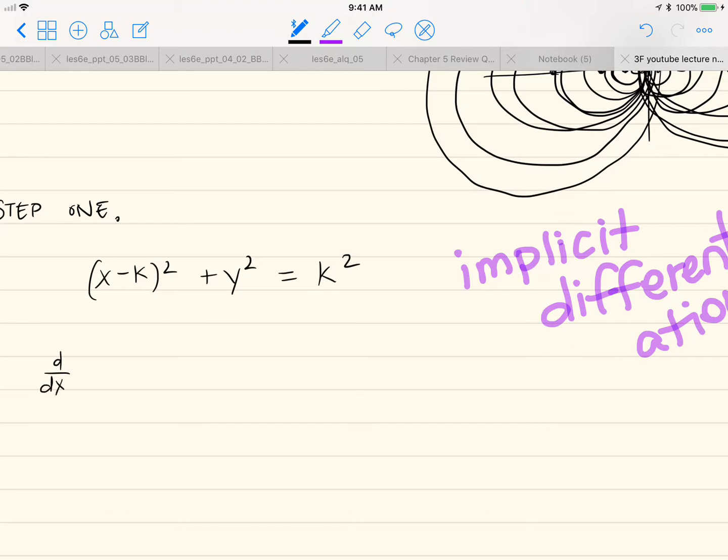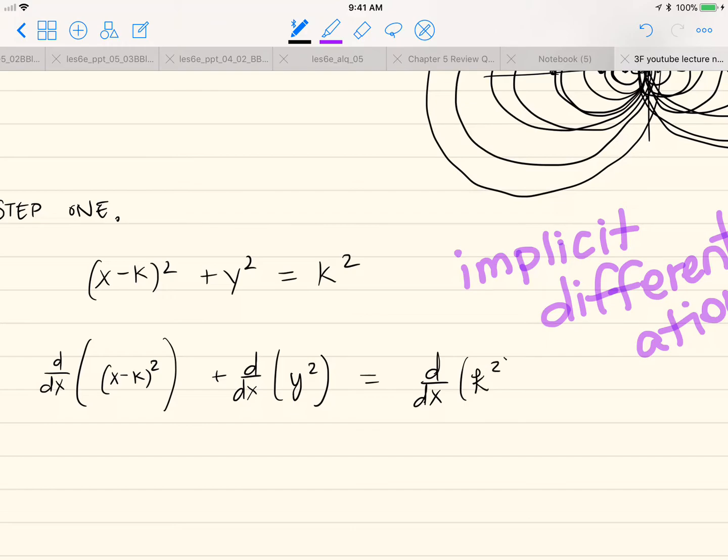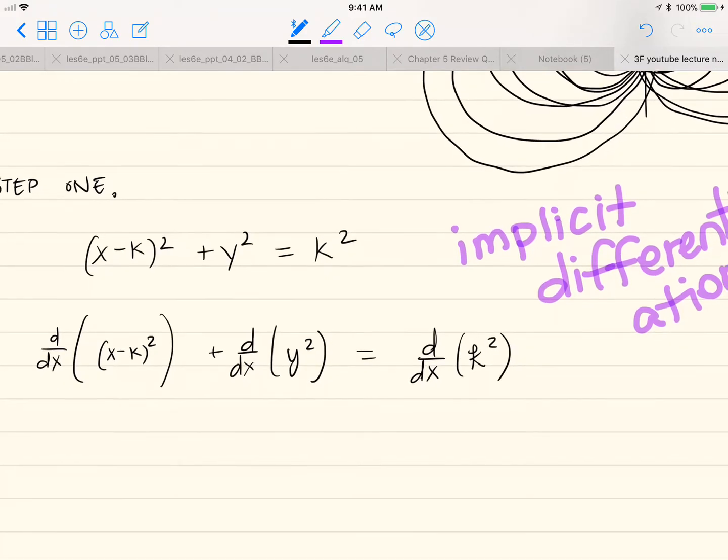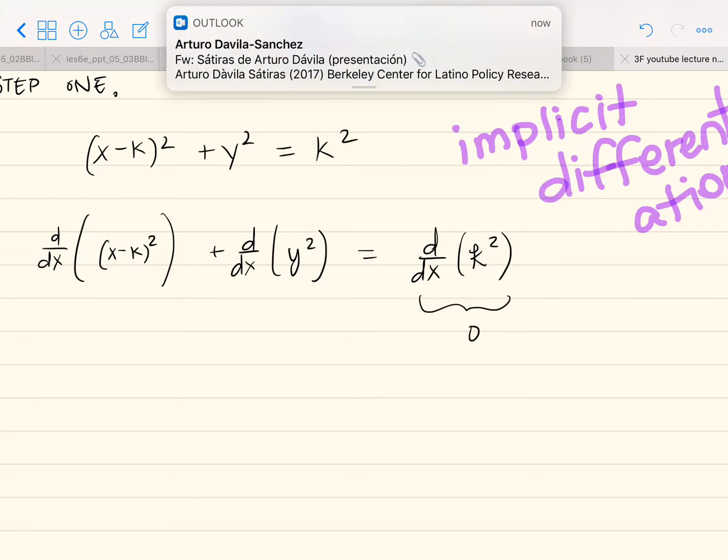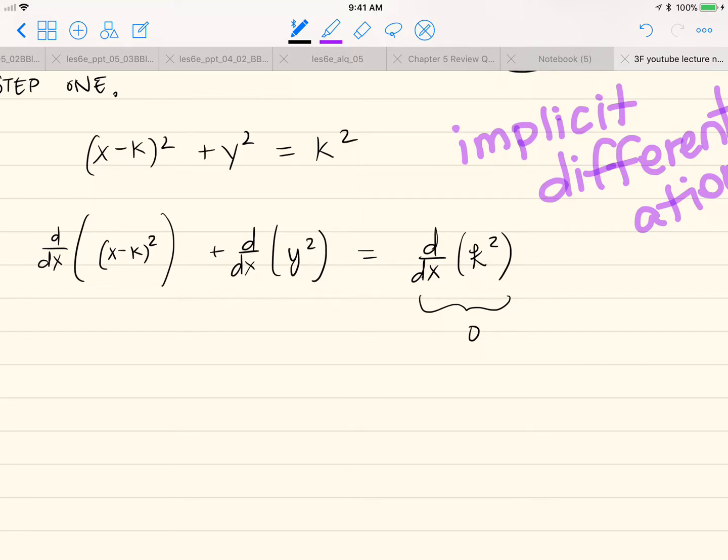So the derivative of (x minus k) squared plus the derivative of y squared equals the derivative of k squared. Now the right-hand side is going to be easy. That's just going to be equal to 0 because k squared is a constant.